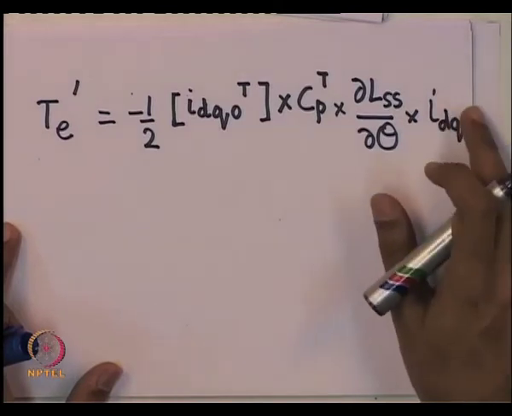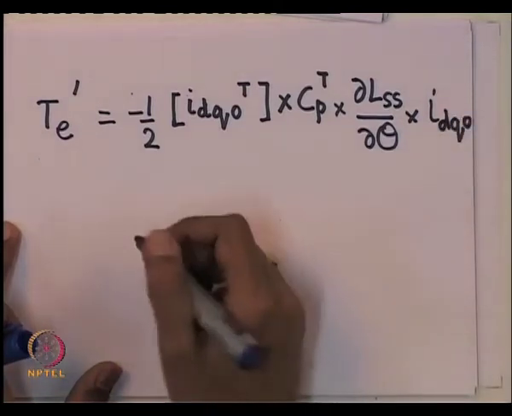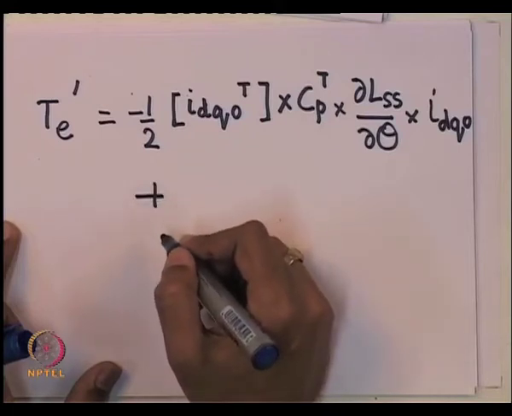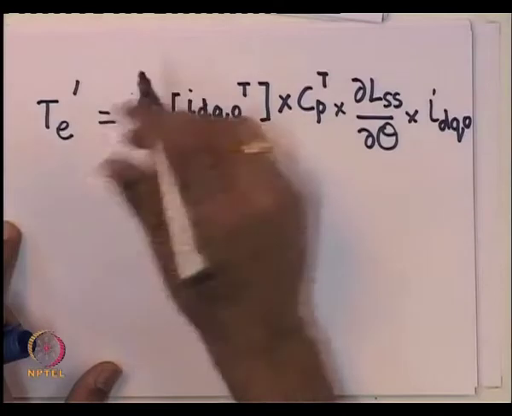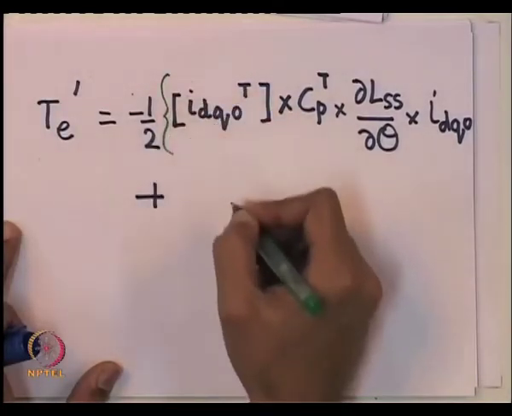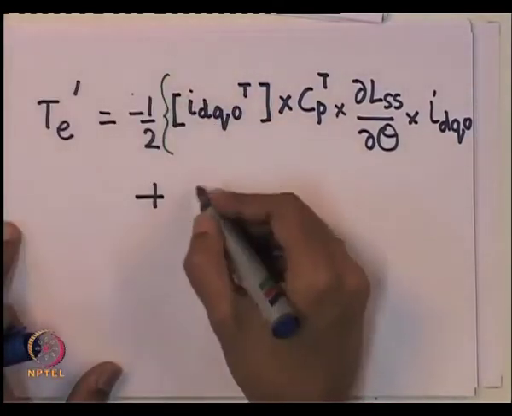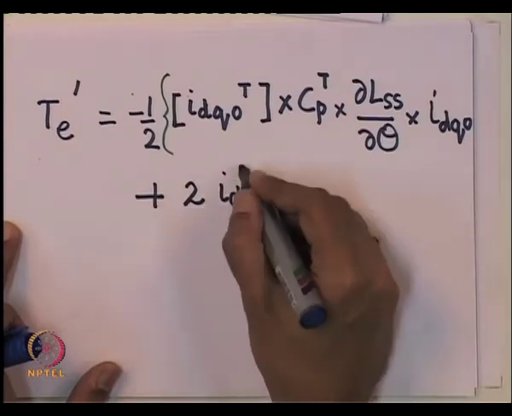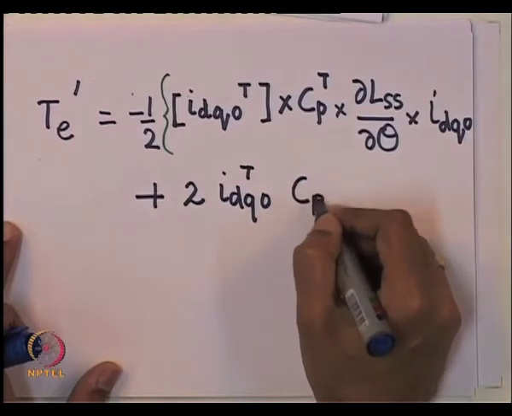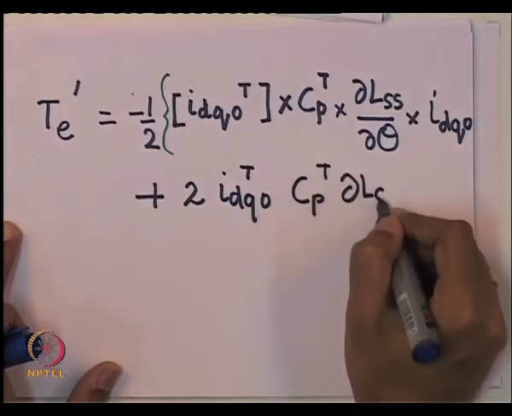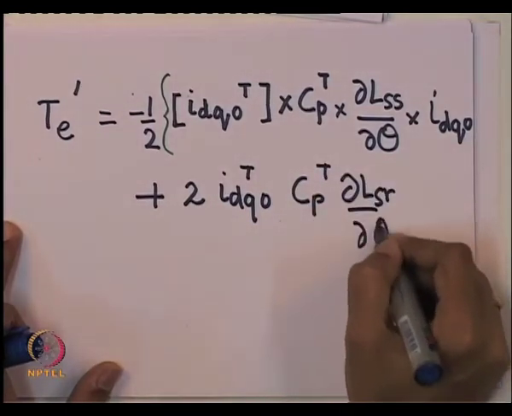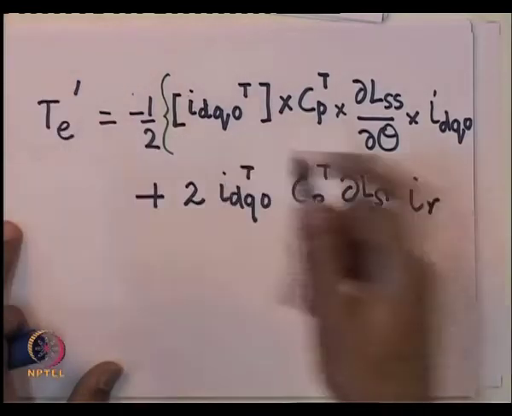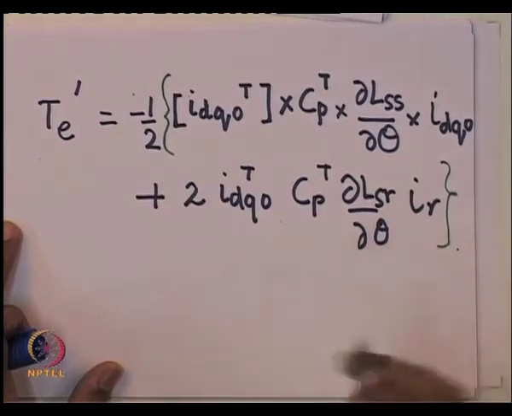So, this is just a neat way of writing it, plus, in fact, 2 times I dq0 transpose Cp transpose d LSR by d theta into IR. The closing of the curly bracket.